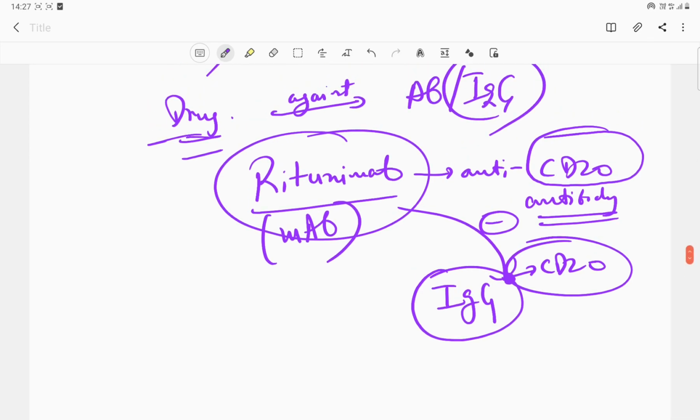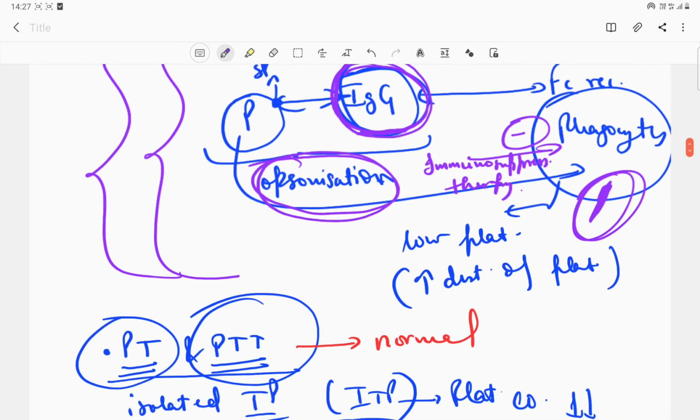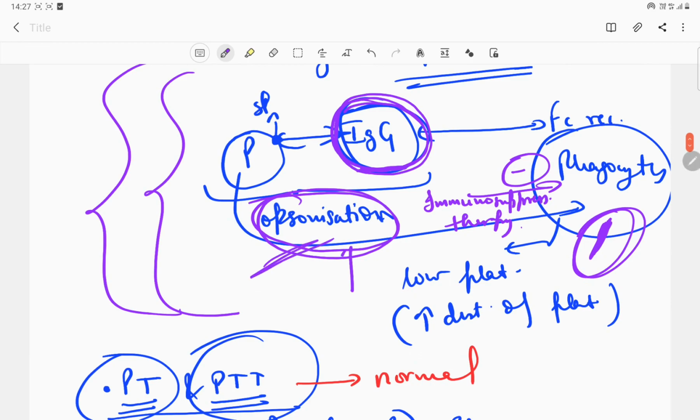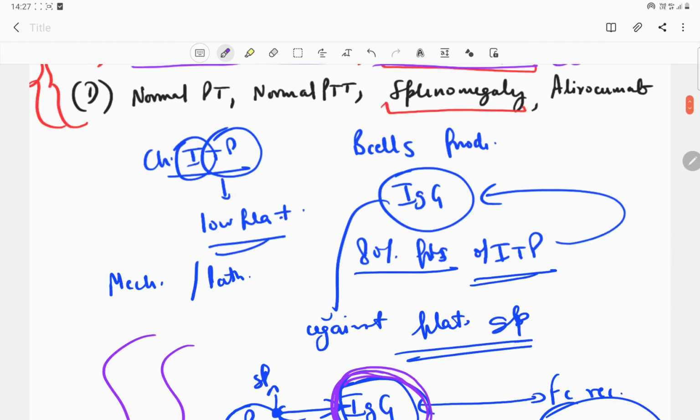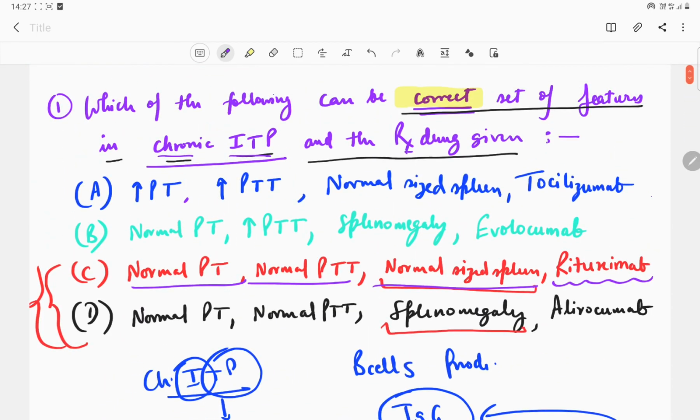Therefore, rituximab is helpful in ITP because it inhibits the IgG molecule and therefore inhibits the opsonization. Rituximab. And therefore, the answer to this question would be normal PT, normal PTT, normal spleen size, and rituximab. The answer is C: normal prothrombin time, normal partial thromboplastin time, normal spleen, and rituximab.